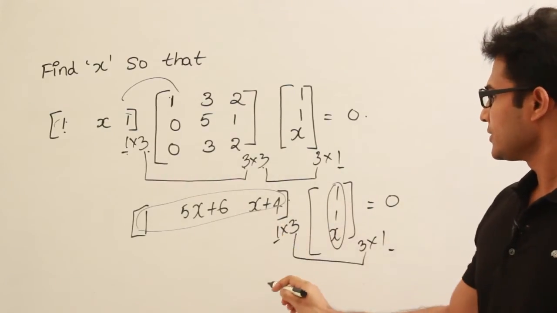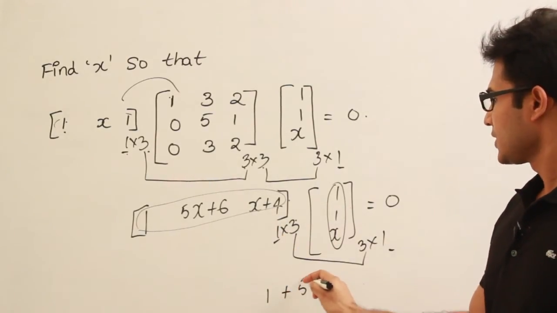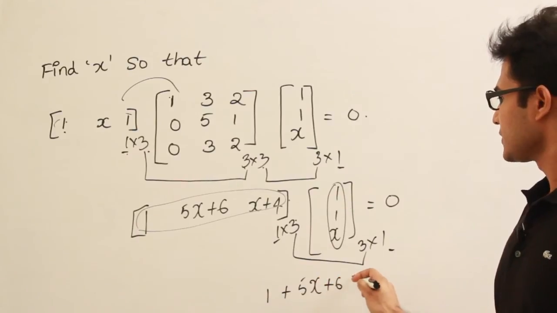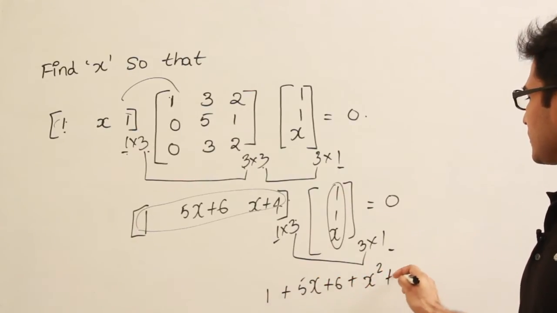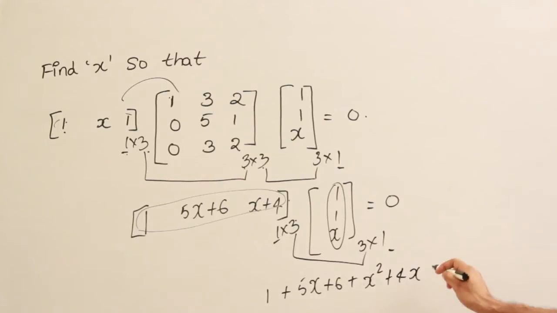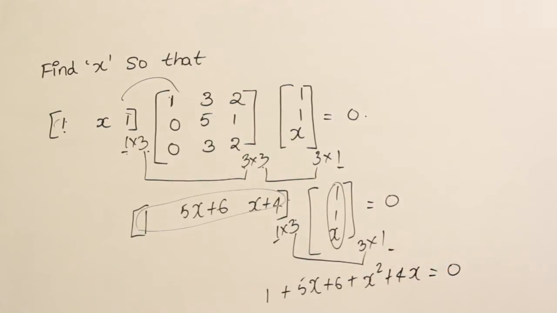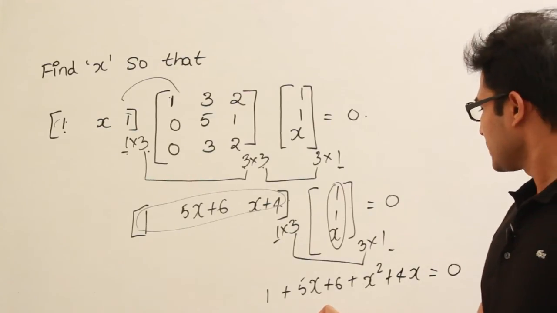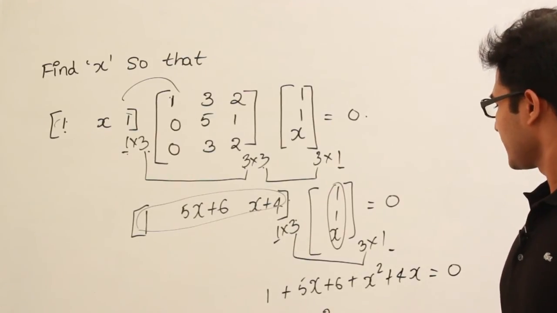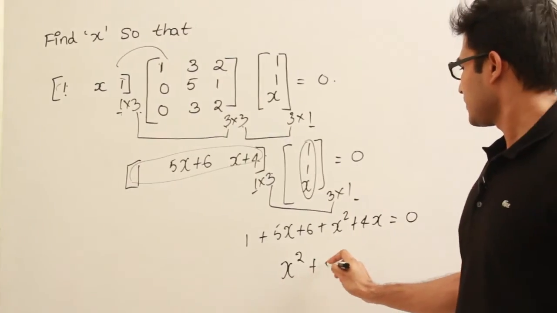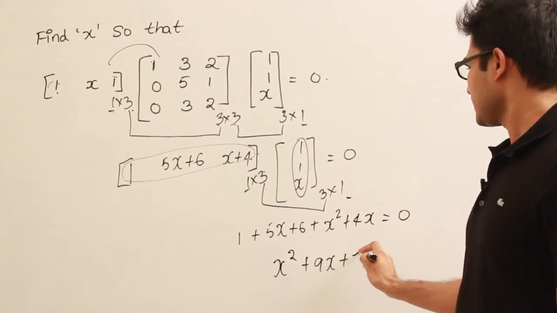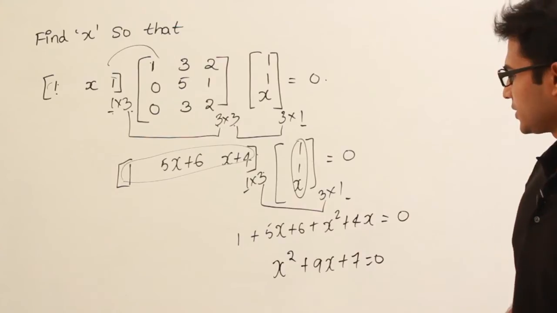Then what I get here is 1 plus 5x plus 6 plus x square plus 4x. That should be equal to 0. So this is a single element and I am directly equating it to 0, right? And if you look at this equation, you get x square plus 9x plus 7. I'm not sure, you can check it.